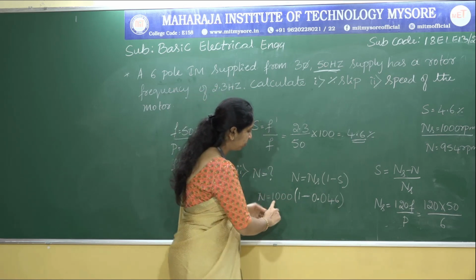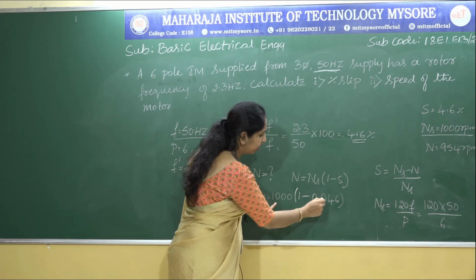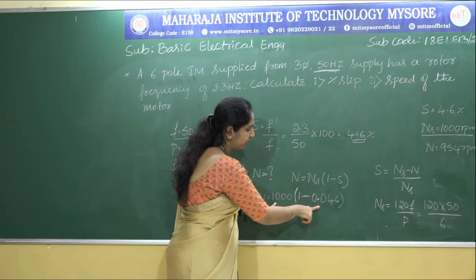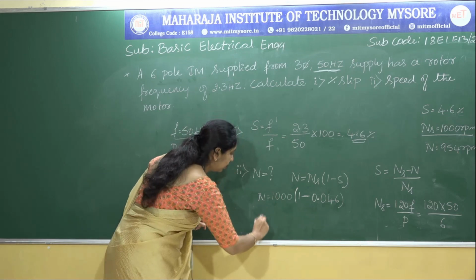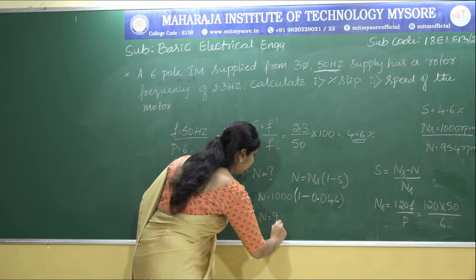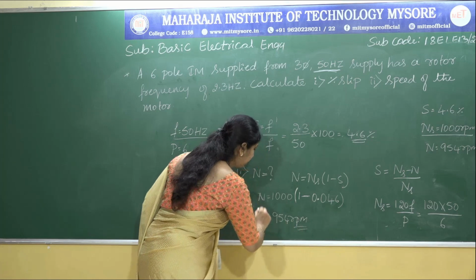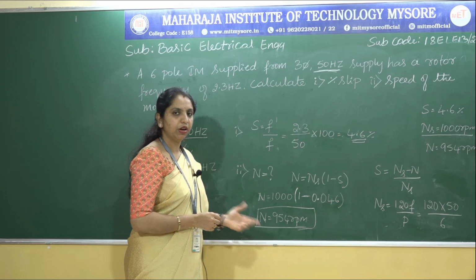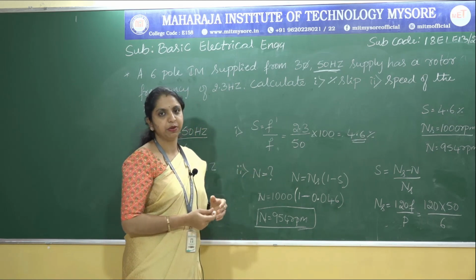So here this becomes 1000 into 1 minus S, where S becomes 0.046, because we have expressed it in terms of percentage and here you cannot have it in terms of percentage. So substitute all the values here, and finally you can calculate the value of speed. The speed becomes 954 RPM. Remember, the unit is very important here. N becomes 954 RPM.